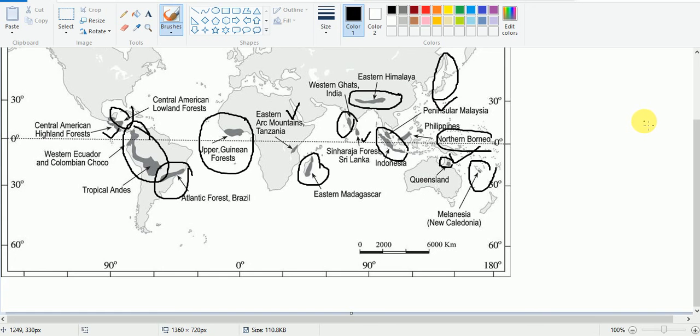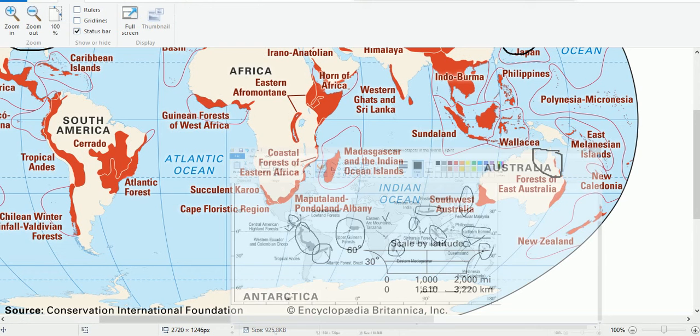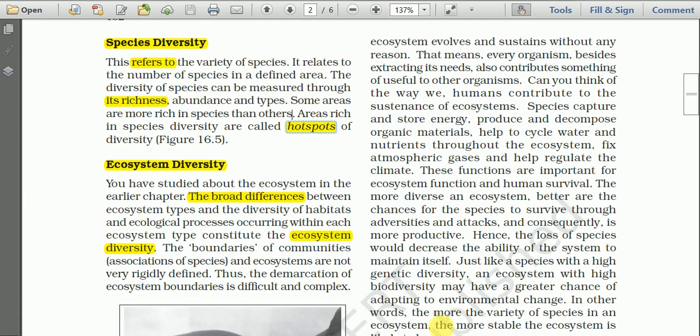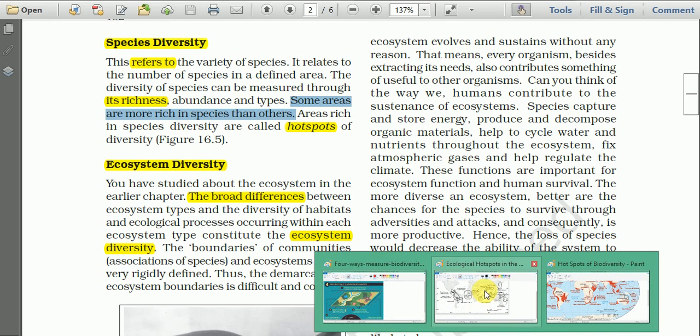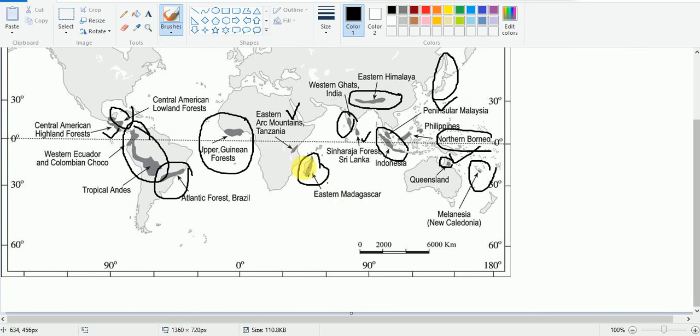That means, as mentioned in the book, remember this point, some areas are more rich in species than others, and about it I'm giving examples. I'm giving examples about this statement. Colombia and Kenya, for example, have more number of species.